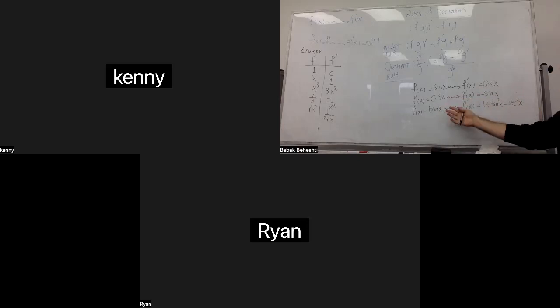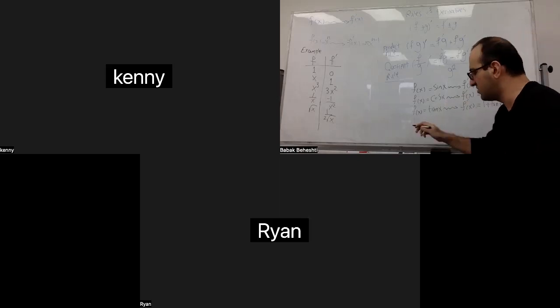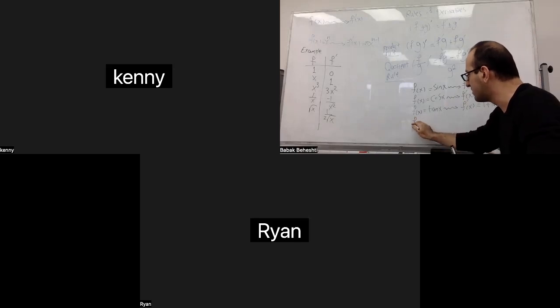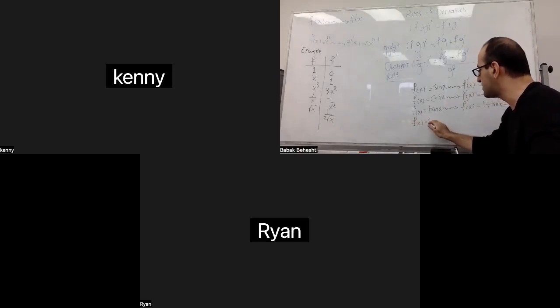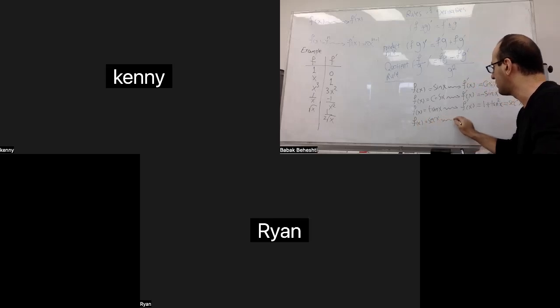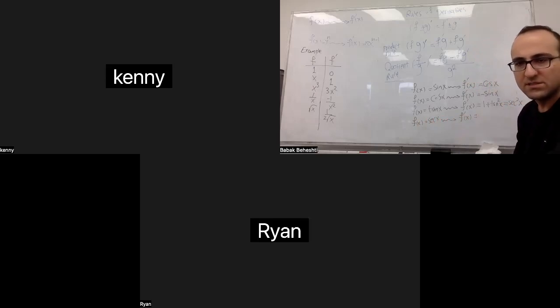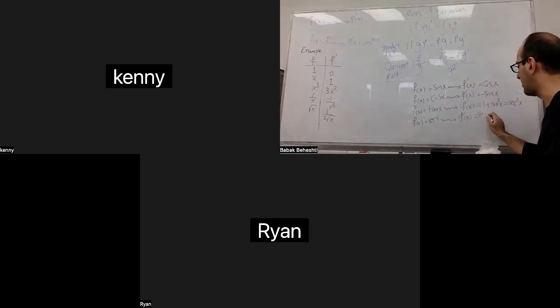The derivative of cotangent is similar, except there is a minus sign. I'm not writing it, but it is in the book: minus 1 plus cotangent square. And lastly, we have the derivative of secant. So f of x equal to secant of x, then f prime of x is secant times tangent.